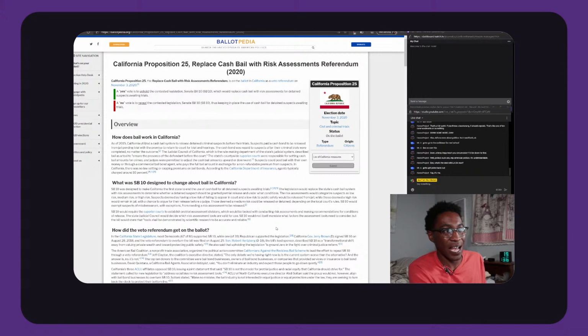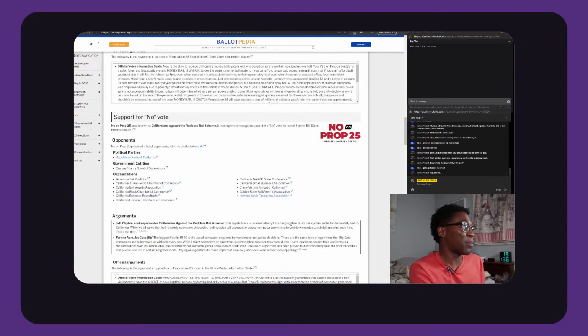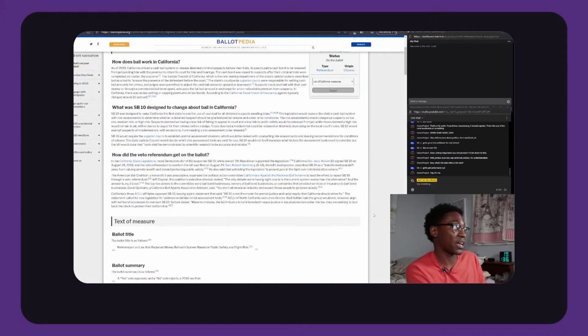So we're getting rid of cash bail, but the way we're doing that is looking at other factors, which opponents argue somewhat fairly could be used in a racially discriminatory kind of way.